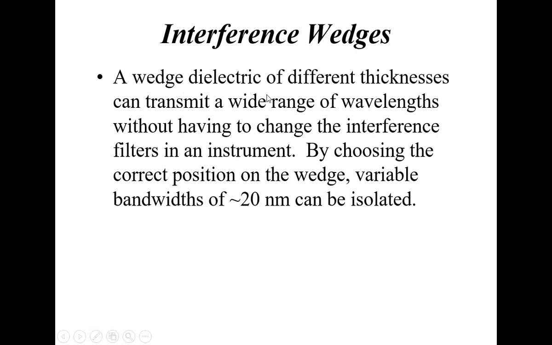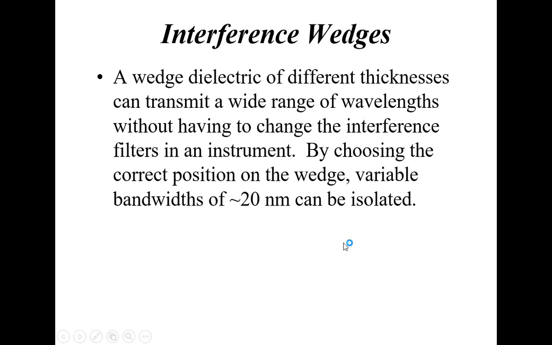An interference wedge is a wedge dielectric of different thickness that can transmit a wide range of wavelengths without having to change the interference filter in an instrument. Remember, in an interference filter, if you have only one particular material with only one thickness, then you can only choose one wavelength, all right? But you can vary that thickness so as to choose various wavelengths. So you don't have to take the interference filters out of your instruments. The way around it is to choose an interference wedge.